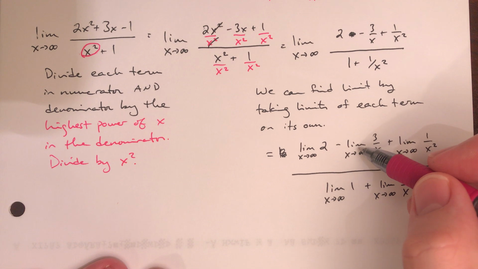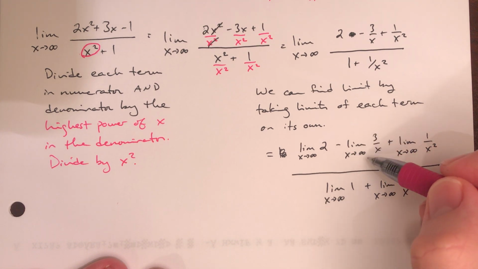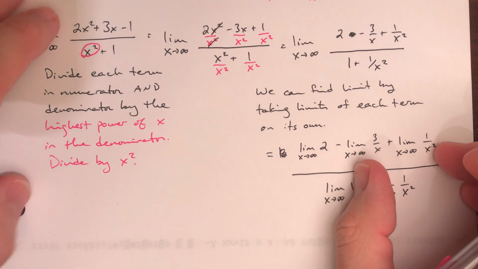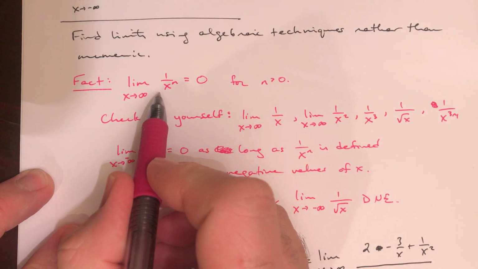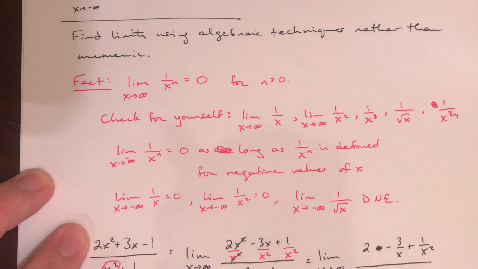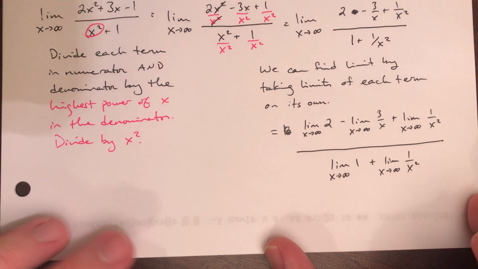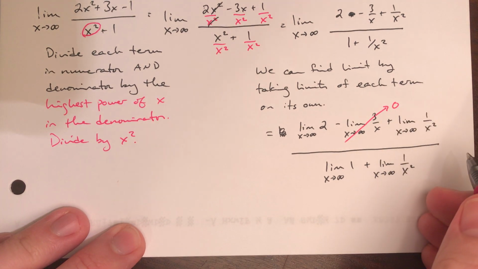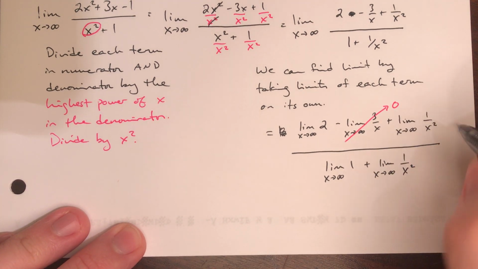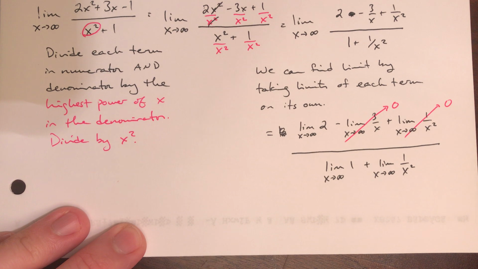Now, here we have the limit as x goes to infinity of 3 over x. We're going to use our fact that says the limit of 1 over x to the n is always going to be 0 as long as my exponent is positive. So that is 0. The limit of 1 over x squared is 0.